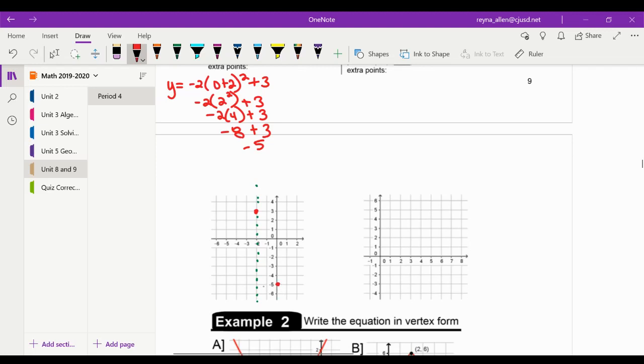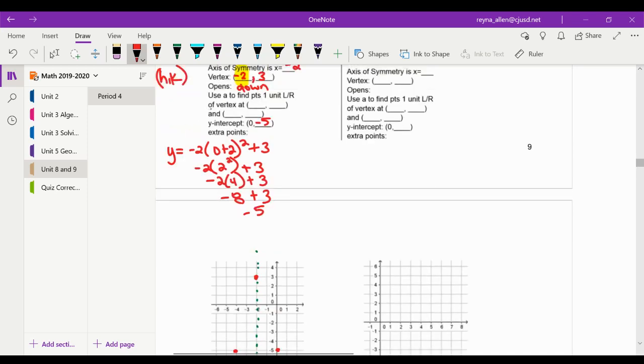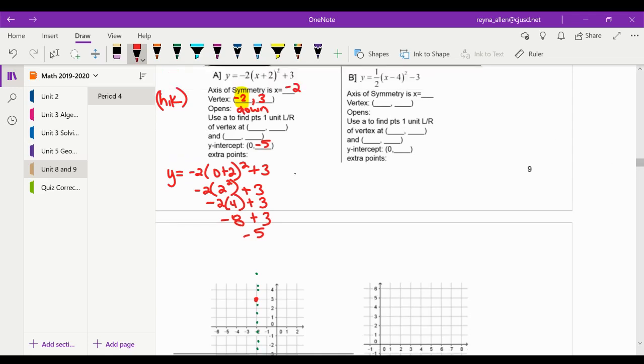Because this is 2 spaces away from the axis of symmetry, I can put an identical point on the other side, 2 spaces away. And then again, if we wanted to do that additional point, we would start at the vertex, and we would go based off of our slope, if you want to call it that.